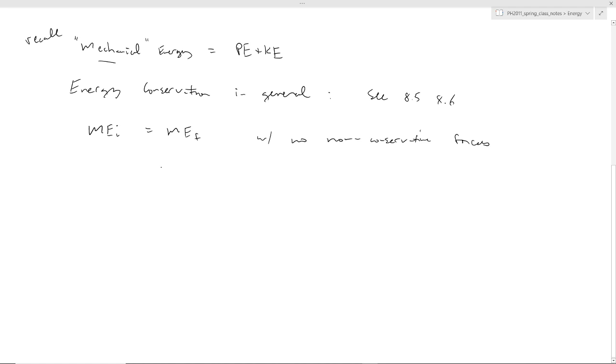But if there are non-conservative forces present, if there is friction, drag, then this isn't going to be the case. You may end up where you have mechanical energy final less than what you start with. And in this case, energy has gone into work that's been done by non-conservative forces.